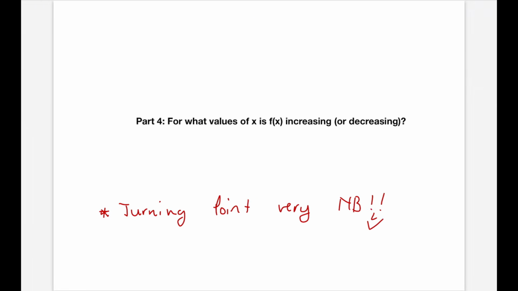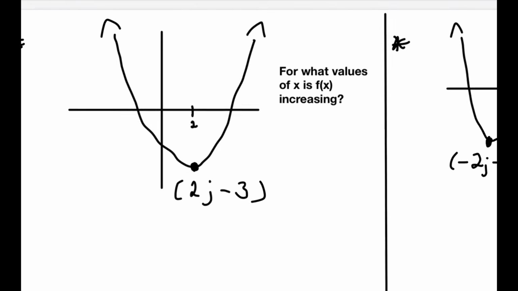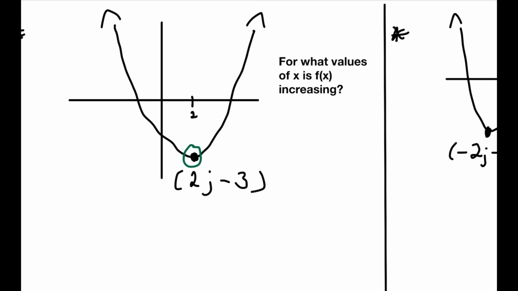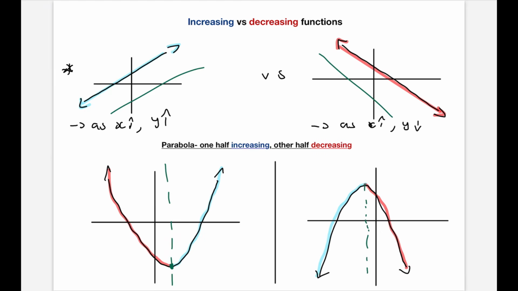How do we answer the question though? For what values of x is f of x increasing? Well, have a look at this example here. What's important to us is our turning point. For this graph here, if we were asked for what values of x is it increasing, well, this side here is downward sloping, it's decreasing. But this side here is upward sloping, it's increasing. Remember the shapes of upward sloping and downward sloping?